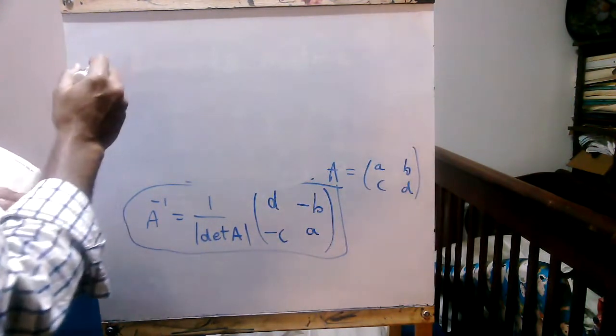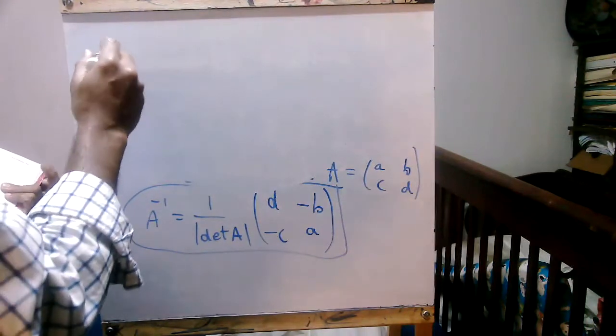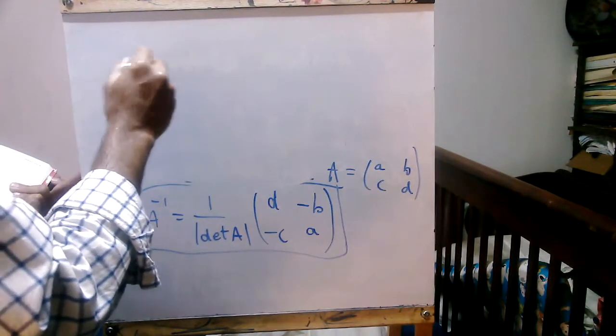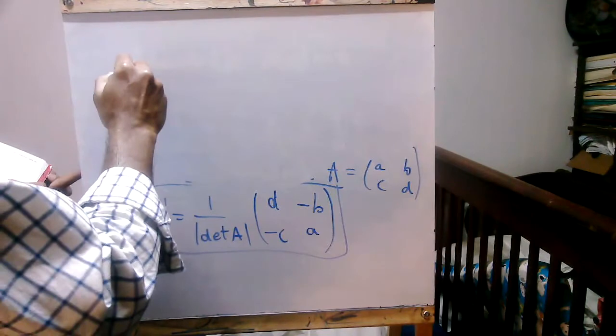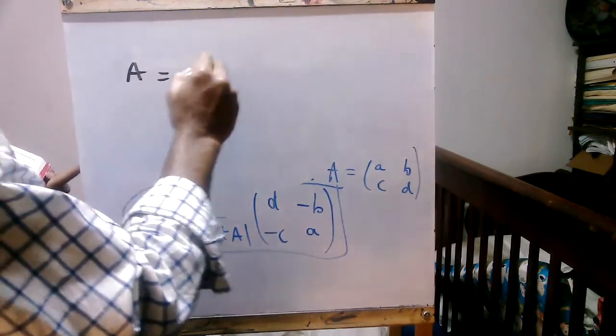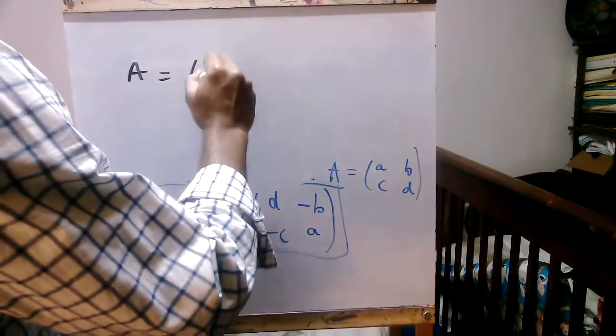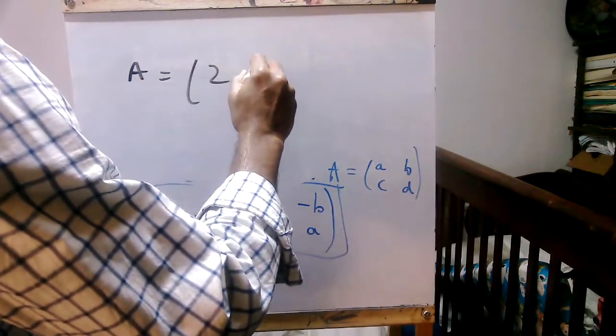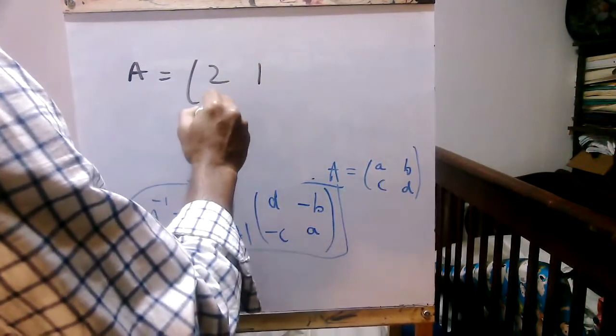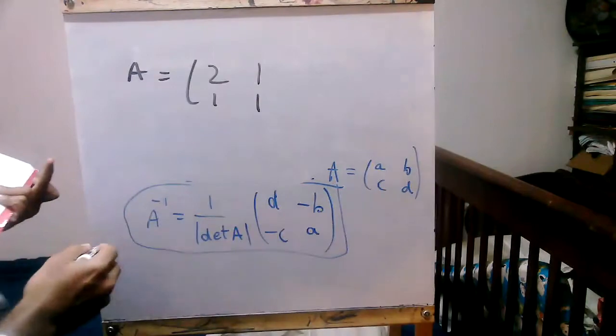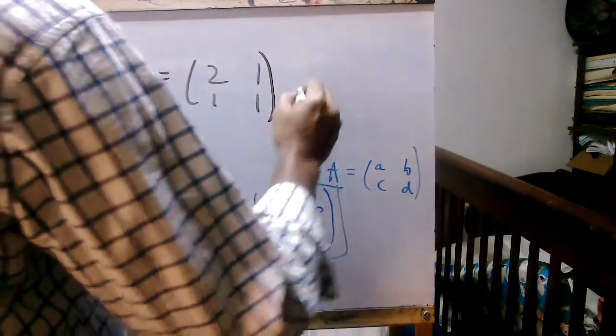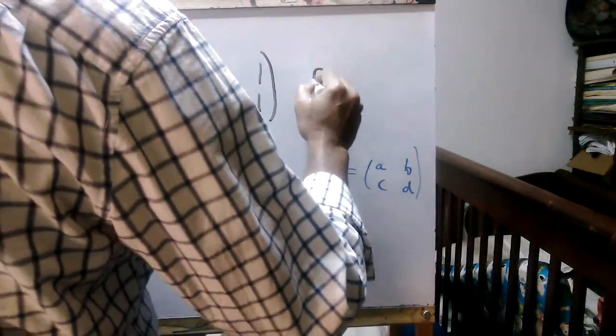Okay. A is equal to 2, 1, 1, 1. Right? Find A inverse.